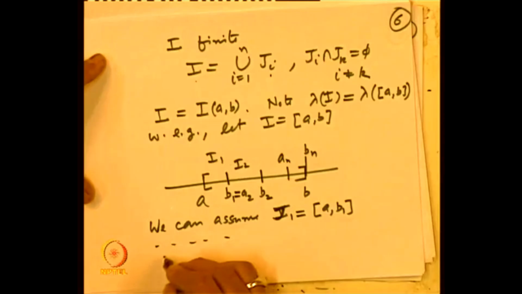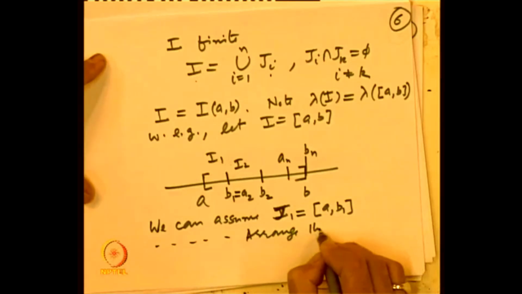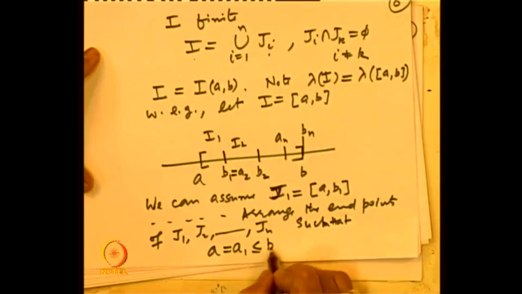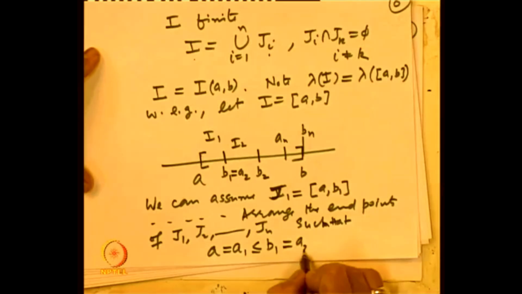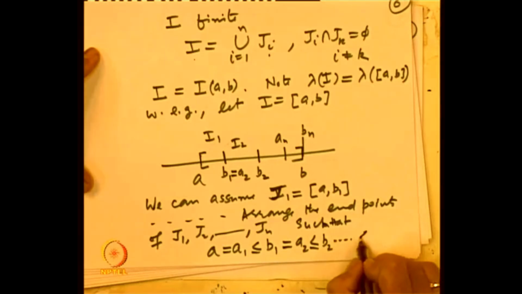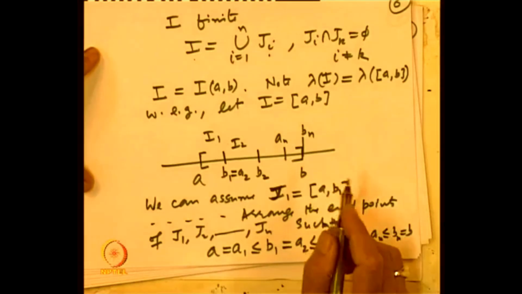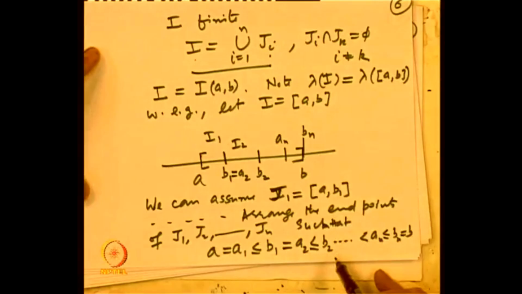So going this way, we can arrange the endpoints of J1, J2, ..., Jn such that A is the same as A1, less than or equal to B1, which is equal to A2, less than or equal to B2, and so on, An less than or equal to Bn, which is equal to B. We can rearrange these endpoints of these intervals, because this is a union and that is a disjoint union.